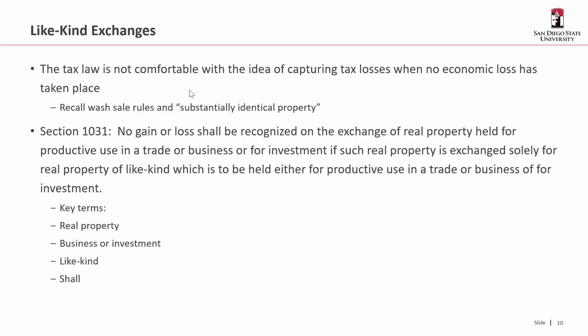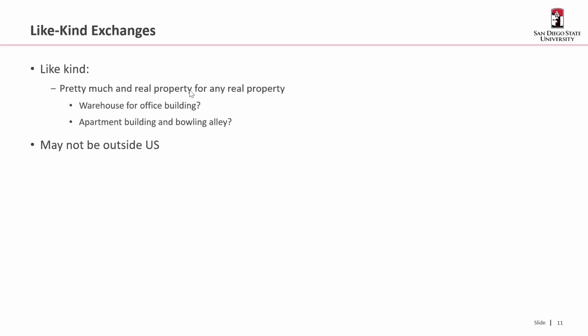And the rule is they shall, right? No gain or loss shall be recognized, which means you do not have a choice. This is Section 1031, it applies to like-kind transactions. No gain or loss shall be recognized. All right, so what does like-kind mean?